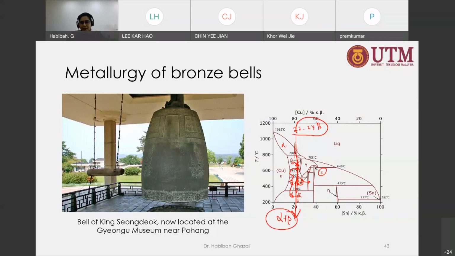And when they strike it, they get the correct sound that they want, the sound like a crying baby. Most of the bronze metal that you see all around the world is made of this type of alloy, with a composition around this composition of copper and tin.